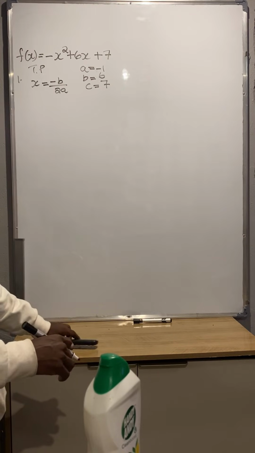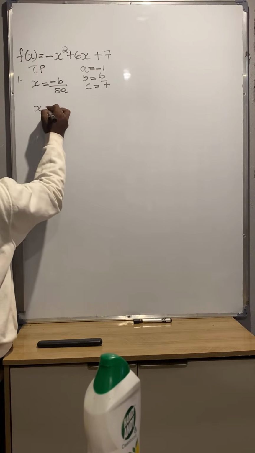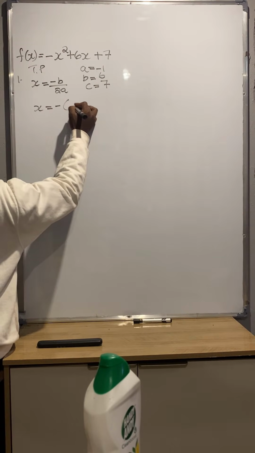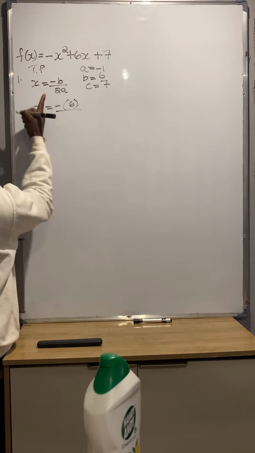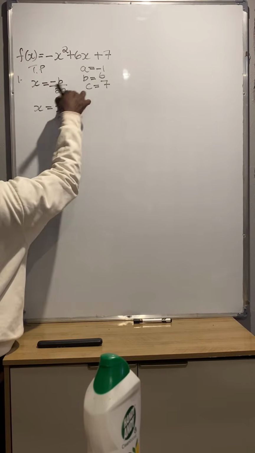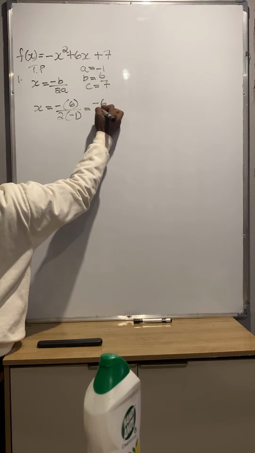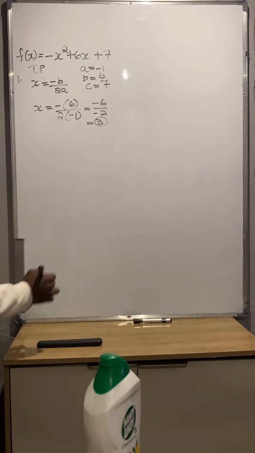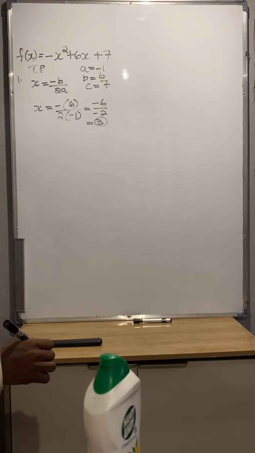So x is equal to negative b, that is negative 6, over 2a, that is 2 times negative 1. Therefore it's negative 6 over negative 2. Your answer is 3.